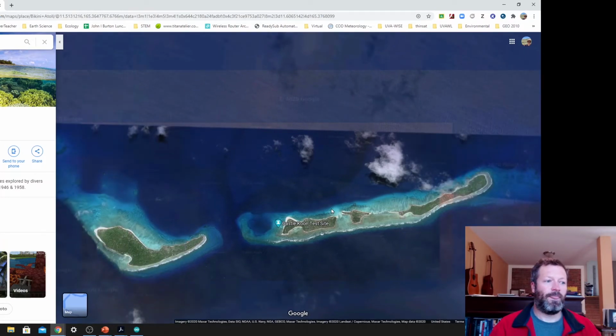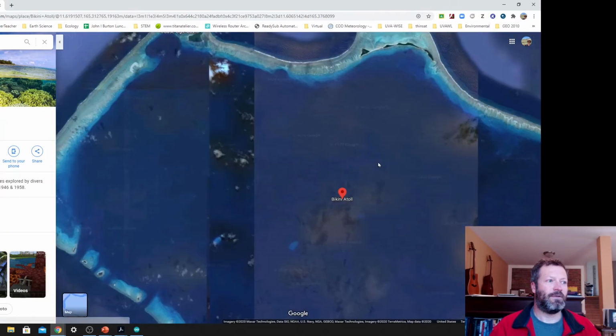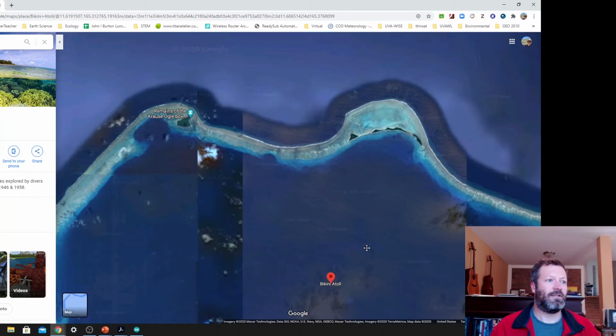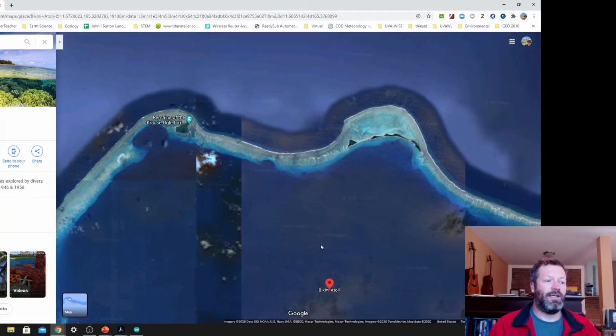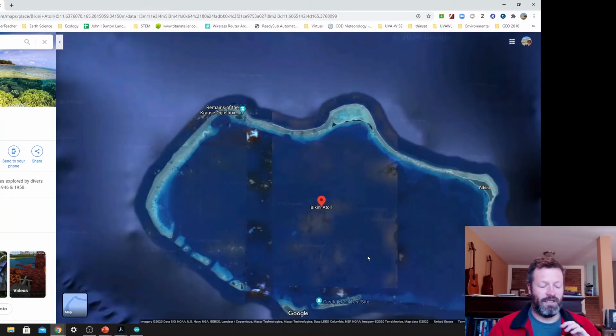So, not a particularly bright spot in diplomatic relations with island nations, but it was a key reason that our nuclear program was successful because we tested out here in the middle of the Pacific Ocean. And even today, everything there is radioactive because we did so much nuclear testing out here.